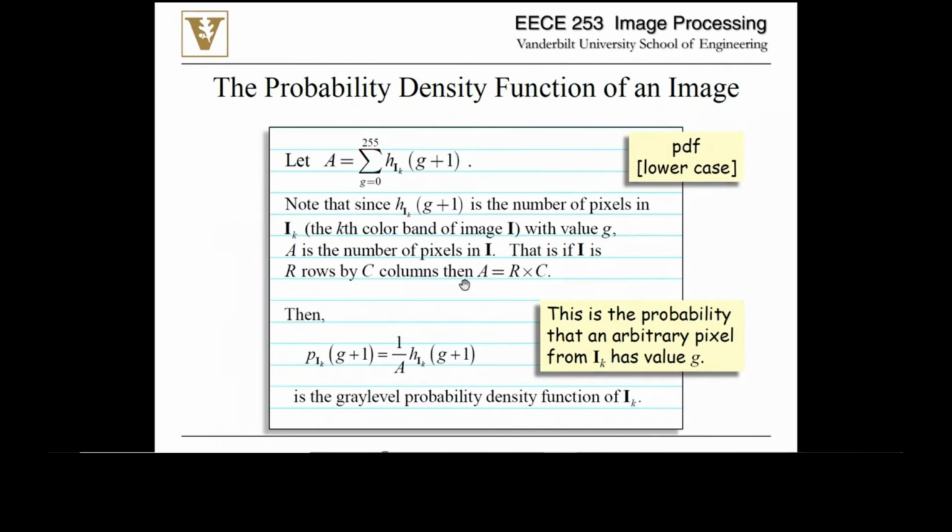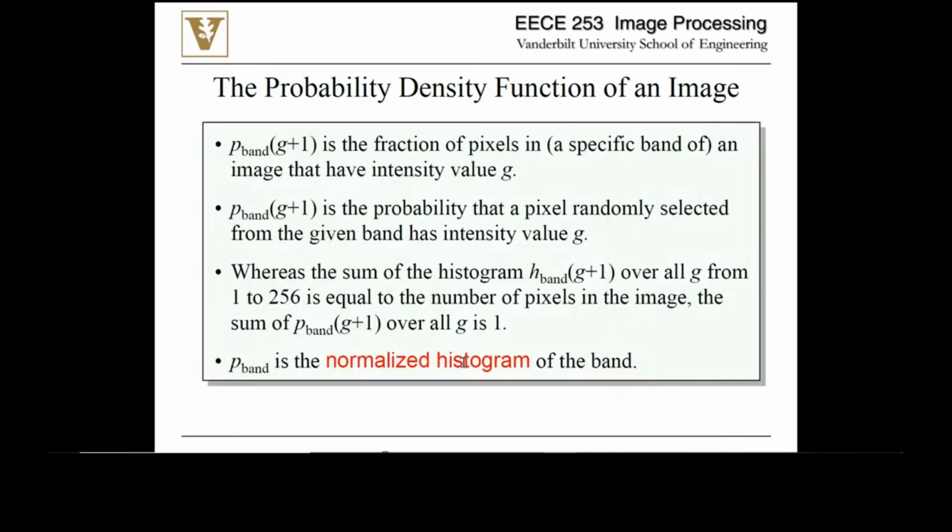So this is a reminder of what the histogram is. It is the probability density function: if you normalize it by the number of pixels, it is an estimate of the probability density function, that if you take a pixel at random, it has that particular value. And we can do that for the different bands, so nothing new so far.